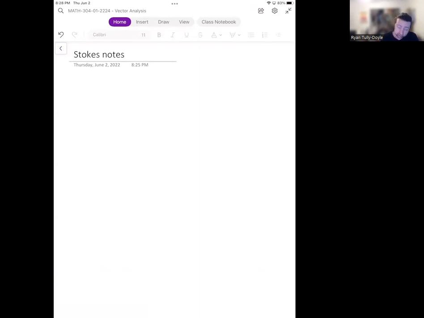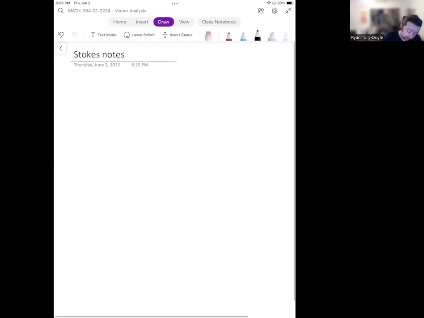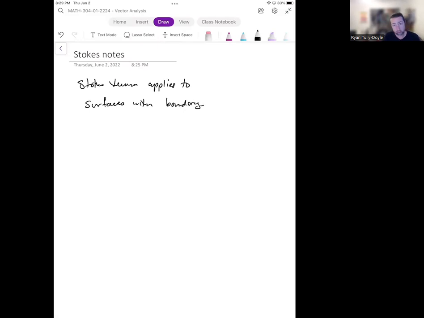I'm going to remind you that the basic idea of Stokes theorem is that we use it on domains that look like this. Stokes theorem applies to surfaces with boundary. The prototypical picture of that is you've got some kind of sheet floating around in space and some kind of edge on it, and this is the boundary of the surface.